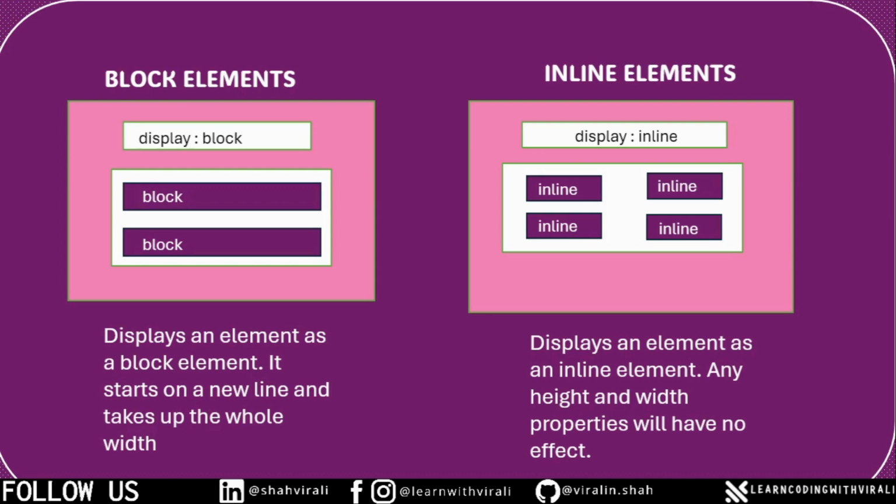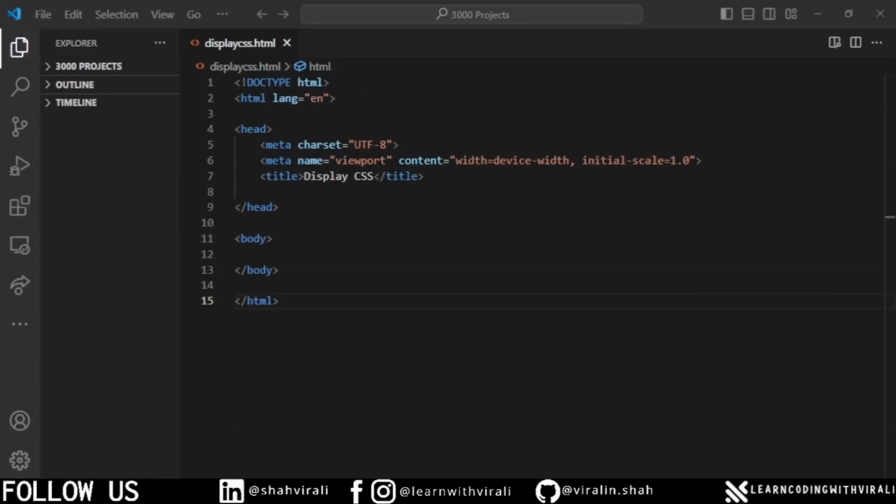Let us take a practical look at our VS Code editor, wherein we can see the difference between display as block and display as inline elements. Okay, I have a blueprint of the HTML document ready with the title as display CSS.